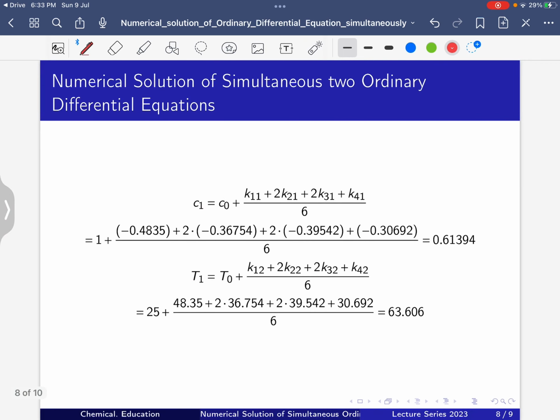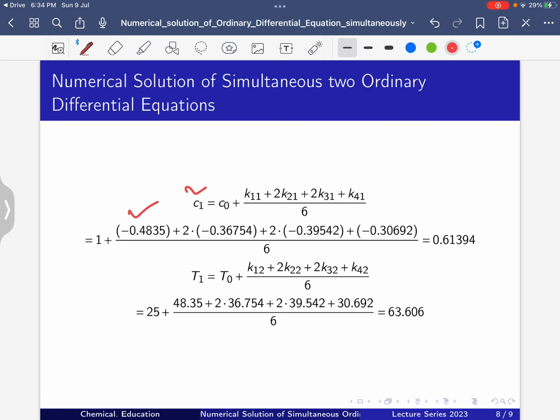Now we can calculate c1, which will be c0 plus (k11 plus 2 k21 plus 2 k31 plus k41) by 6, so 1 plus all these values: k11 this, k21 this, minus 0.36754, k31 2 into minus 0.39542, k41 minus 0.30692, by 6.